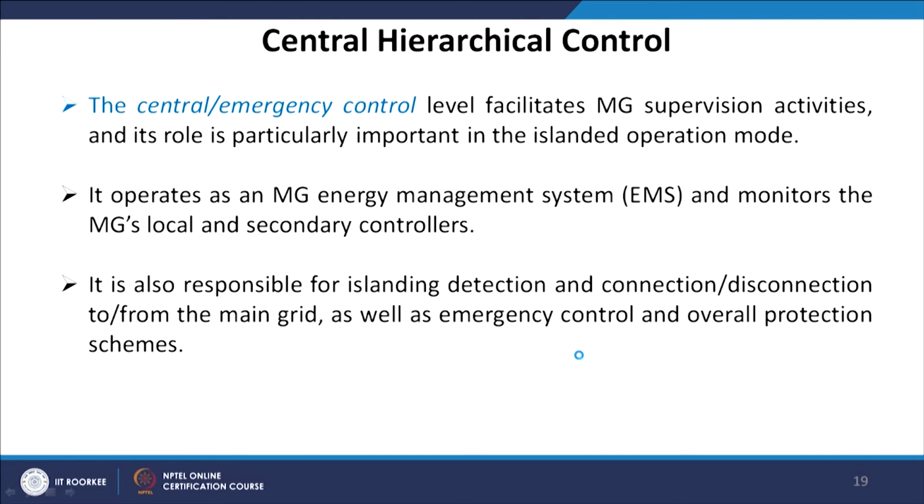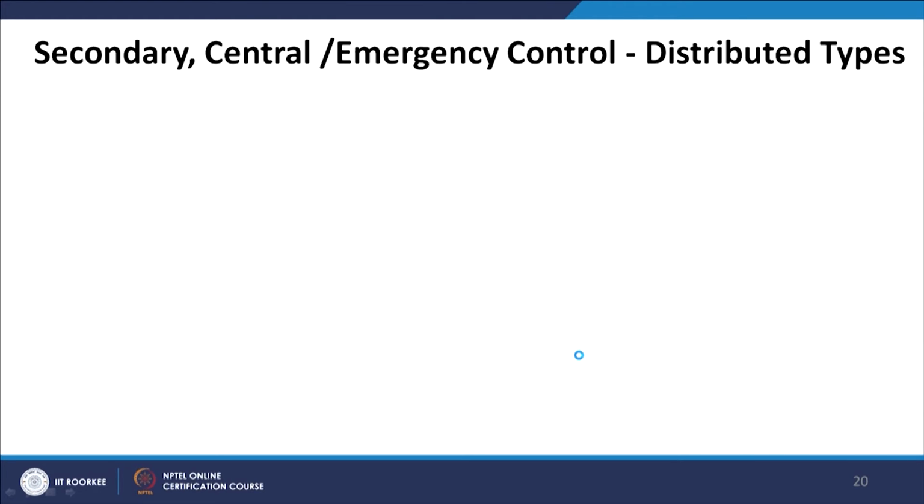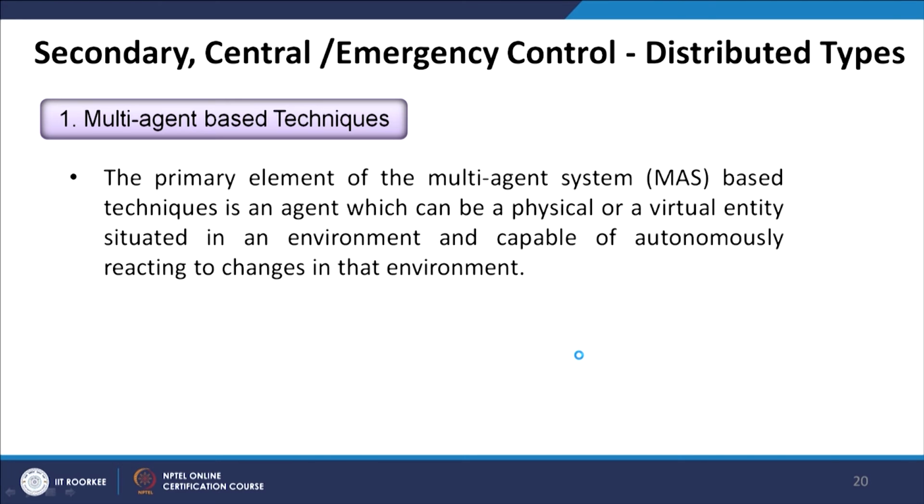It is also responsible for islanding detection and connection or disconnection to or from the main grid, as well as emergency control and overall protection schemes. It is centralized and mainly based on communication. Secondary, central, emergency control distributed types.